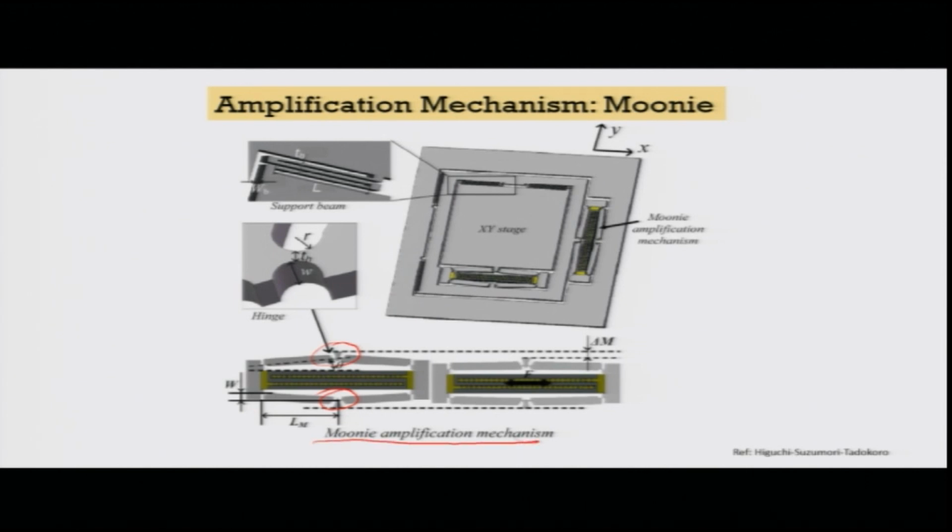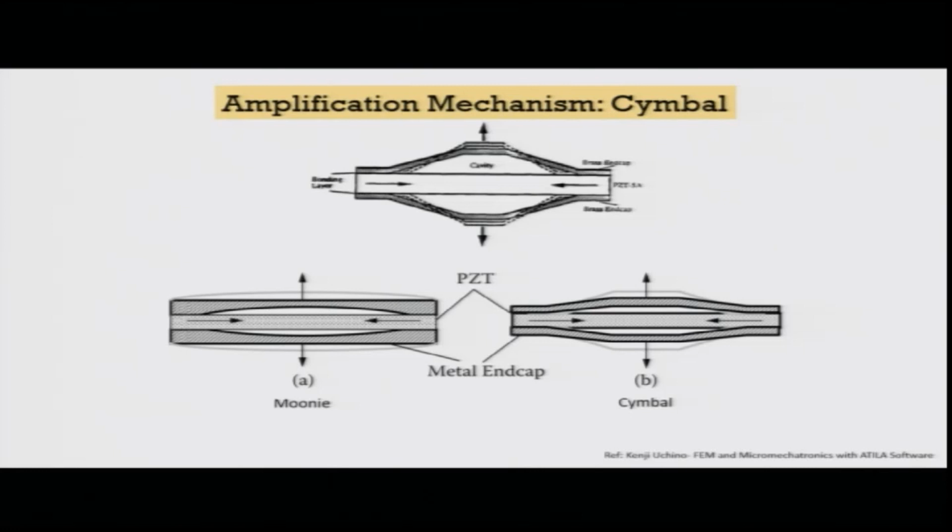If you actuate at this point, for example by using these piezo stacks at the center, the flexible hinge will make a very predominant deflection of the system. You can see that in XY stages you can develop such flexible hinges in the system, and that is how micro positioners are developed. We will show you the micro positioners.